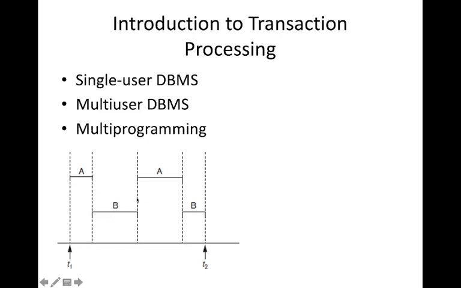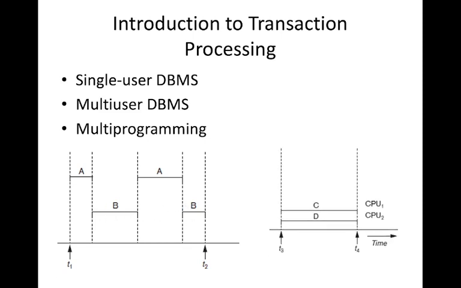Multiple processes run in a single CPU, so they execute in an interleaved manner. We call it interleaving. But if we have more than one CPU, we can execute in parallel. So this is parallel processing, and this is interleaved concurrency. We will be discussing mainly this multi-programming system.